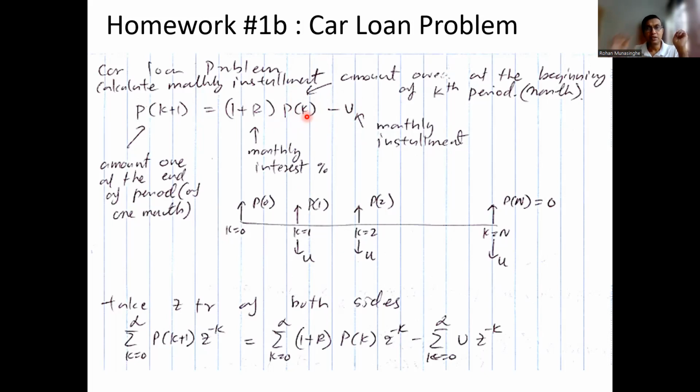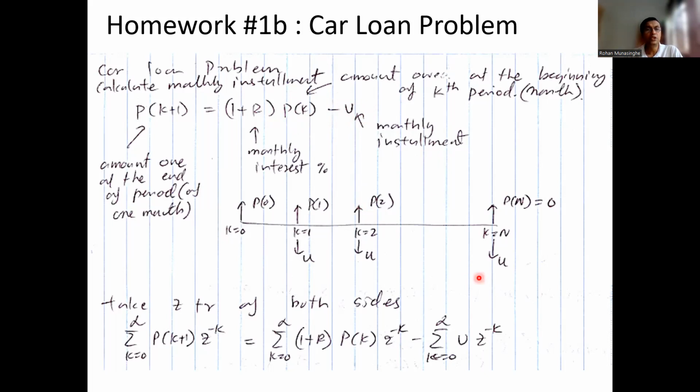Okay, but it is depreciating over time as you pay, right? So we want to calculate U for a given P0 and for a given R, given interest rate and total amount. We want to calculate U, and also the entire time, whether it is 12 months, 24 months, 18 months, or whatever, right?